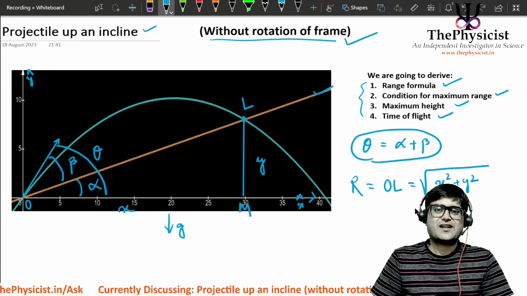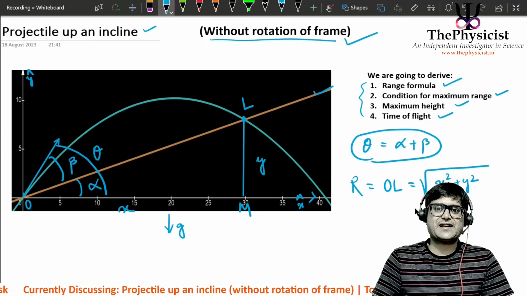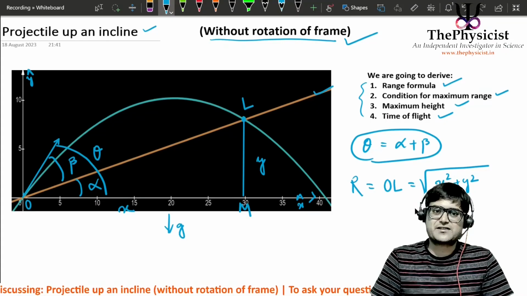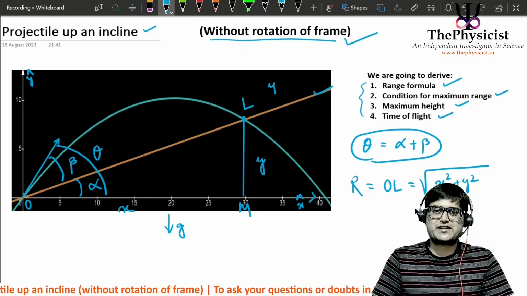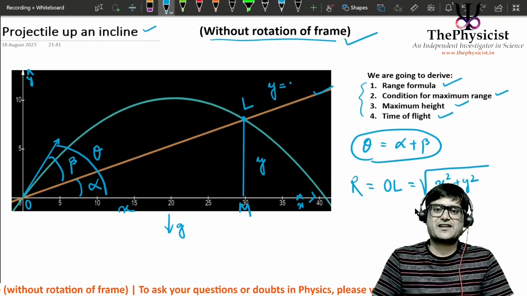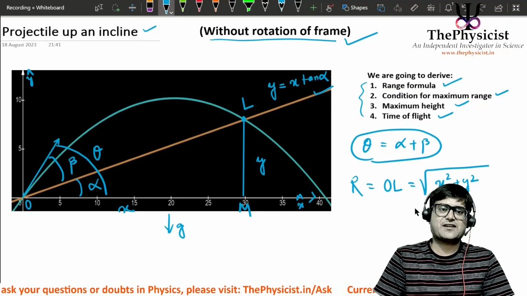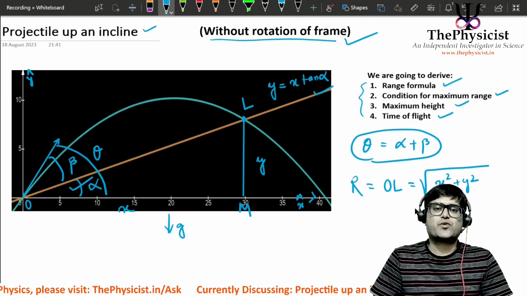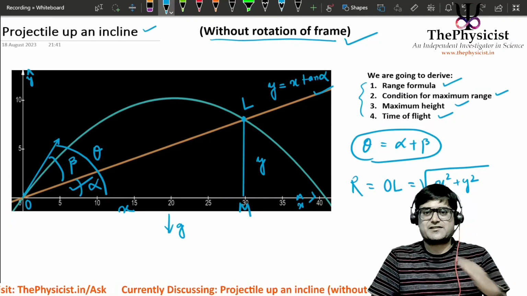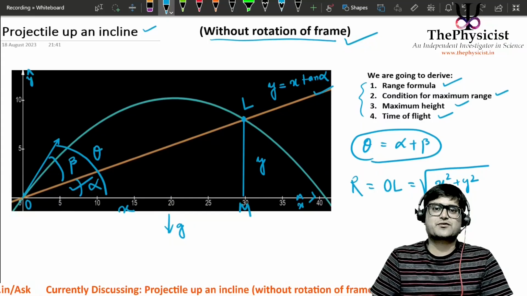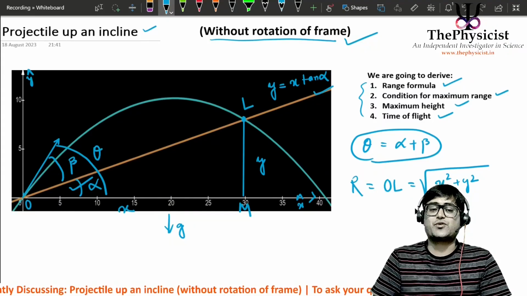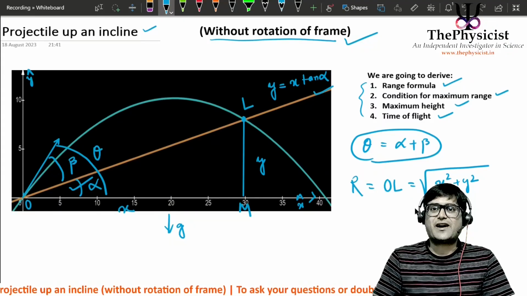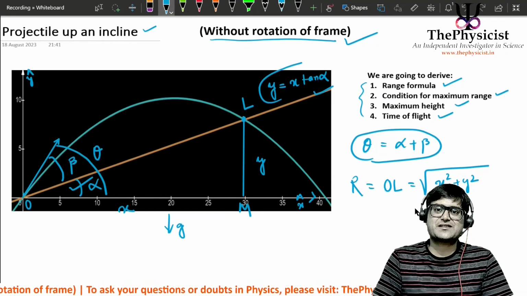Now, since the incline itself is a straight line passing through the origin, its equation is y equals x tan alpha, because alpha is the angle that the incline makes with the x-axis. y is mx plus c, c is 0, m is tan alpha, so y is x tan alpha.